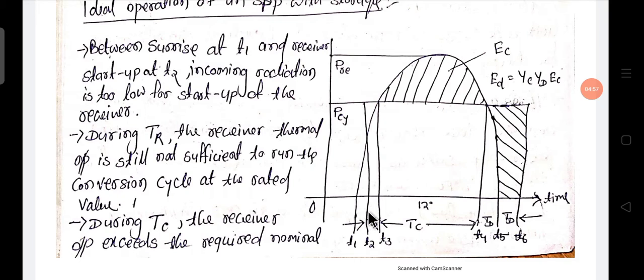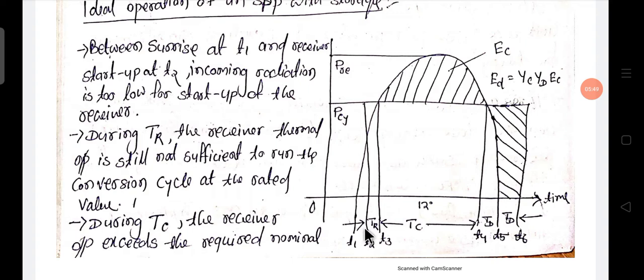In between T1 and T2, the intensity of incoming radiation from the sun is very low to start up the solar collector or receiver.